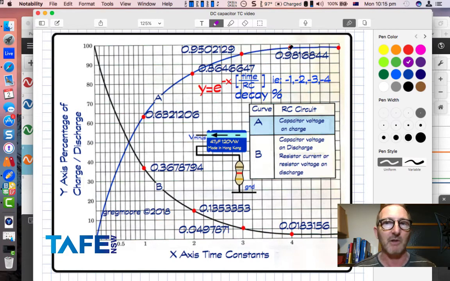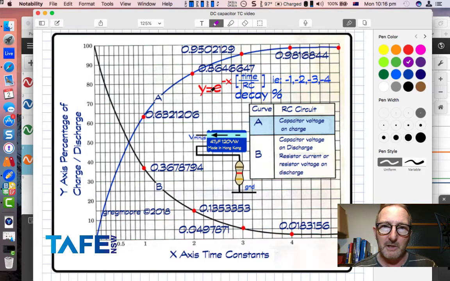Fourth is here at 98.16%. Most books say that we consider capacitors fully charged after 5 time constants. But hey, even at 3 time constants, it's at 95%. So things really do slow down, as I said in the first video that I made about capacitors.